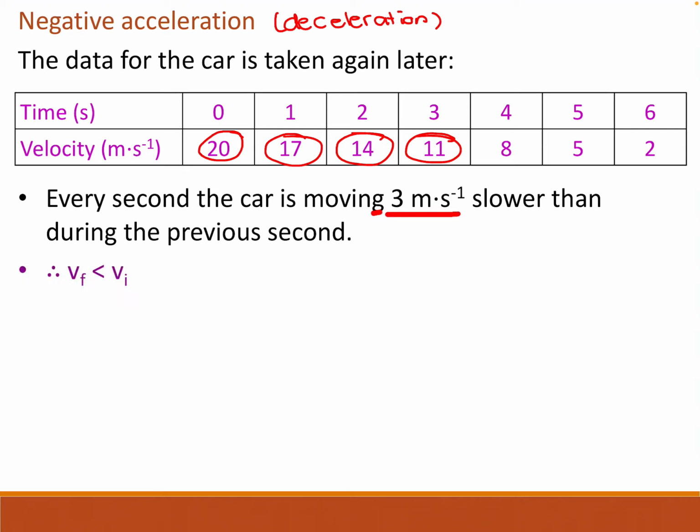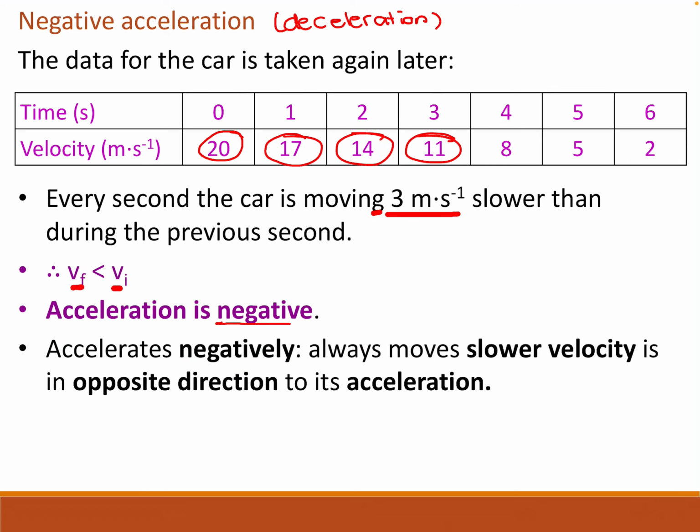So now my final velocity is smaller than my initial velocity. This is going to mean that my acceleration is going to be negative, because my final number is smaller than my initial number, okay, so I'm going to have a small number minus a big number. And you know from maths, a little number minus a big number gives me a negative number.